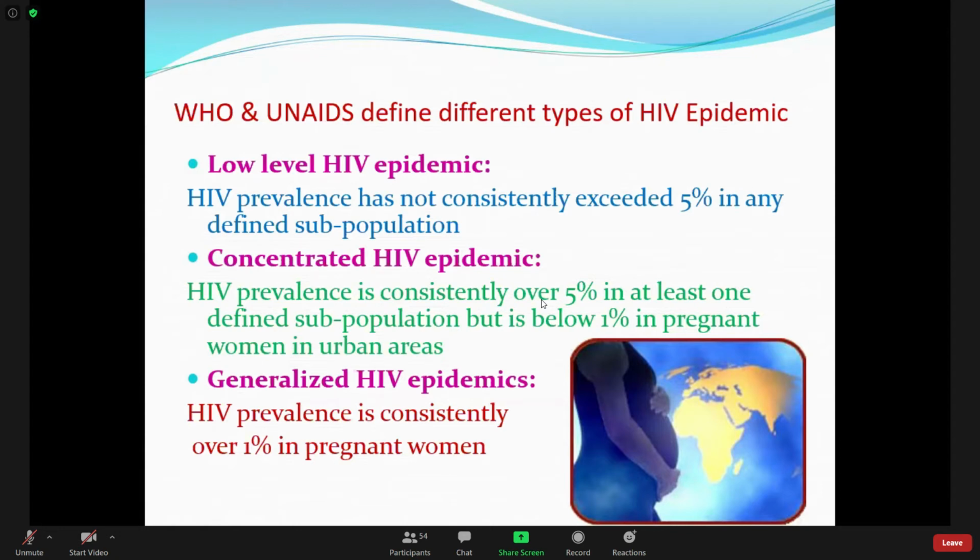If it is more than 5% in a sub-defined population, but in pregnant women of the urban area prevalence is less than 1%, that is the concentrated HIV epidemic. So these are the three different types of HIV epidemic given by WHO and UNAIDS.